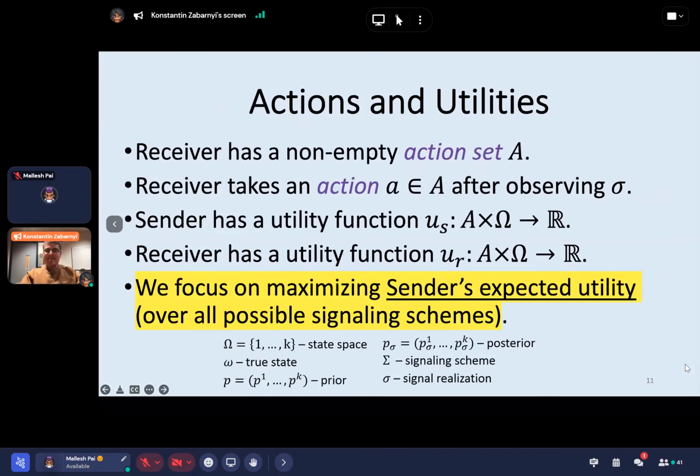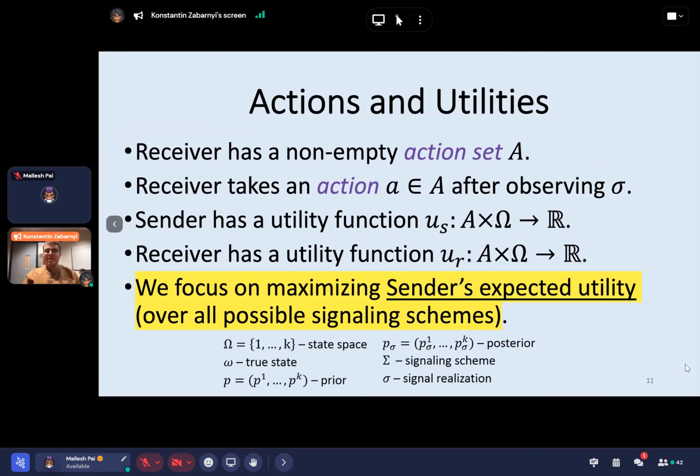And we assume that the receiver has some actions in A, and after observing the signal realization and computing the posterior distribution, she has to choose some action. Which action would she choose?